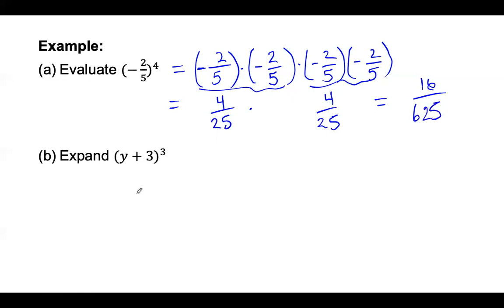What about an expression raised to a power or an exponent? So this is an expression. So we're going to rewrite this. This is going to be multiplying the expression basically 3 times. So we can first multiply the first 2 brackets together. That is basically FOIL, which you've done before.